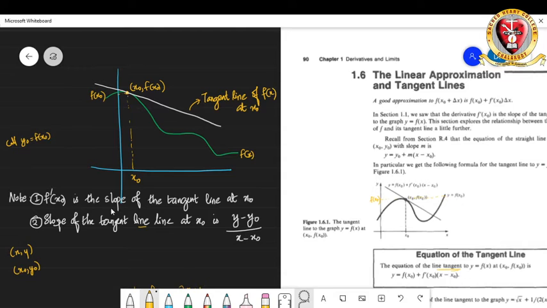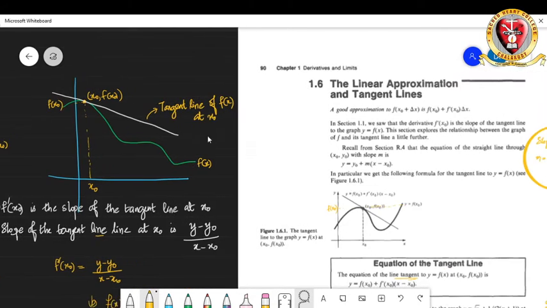And since we know that the slope of the tangent line at x naught is f dash of x naught, you can equate both of them. That is, f dash of x naught is equal to y minus y naught divided by x minus x naught.